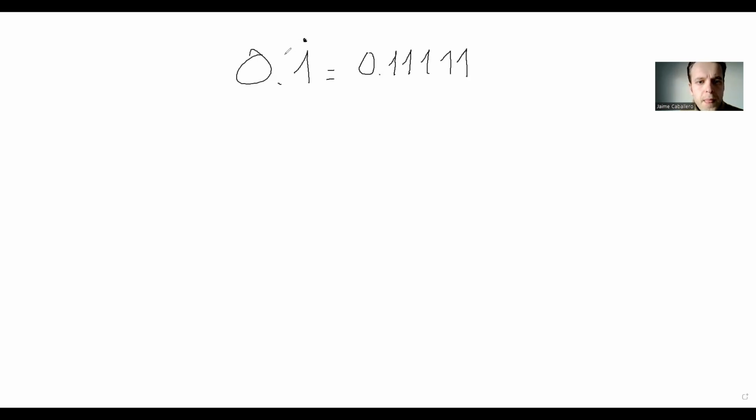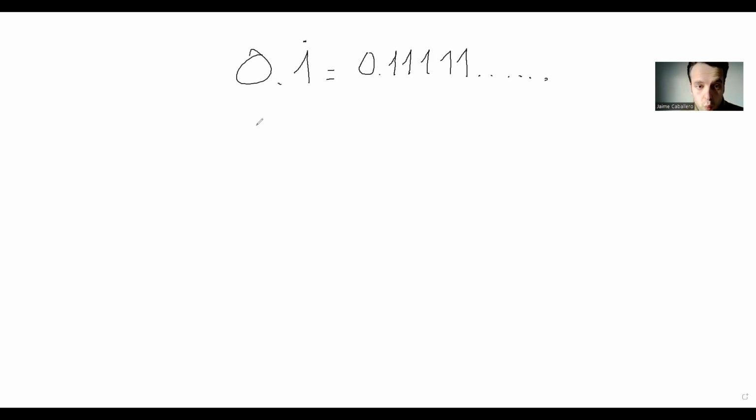The way we write recurring numbers is with a dot, sometimes an arc, over the number that repeats itself. So 0.1 with a little dot on top just means 0.111111 repeated to infinity. So how do we make this a fraction? How could we express this as a fraction or division? That's what fractions are, a division.